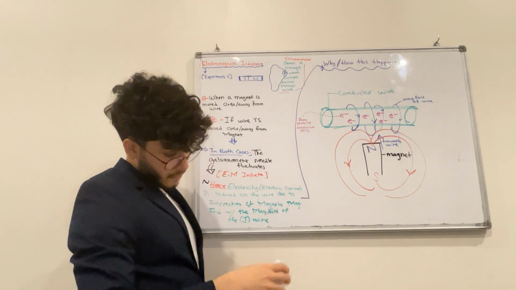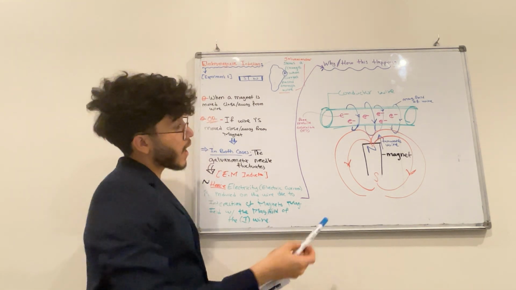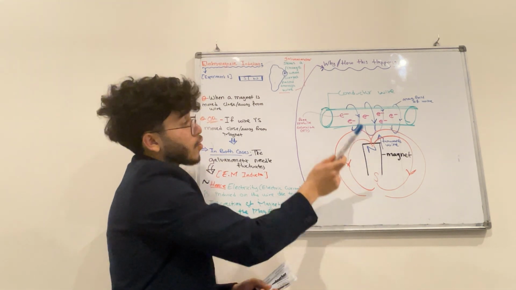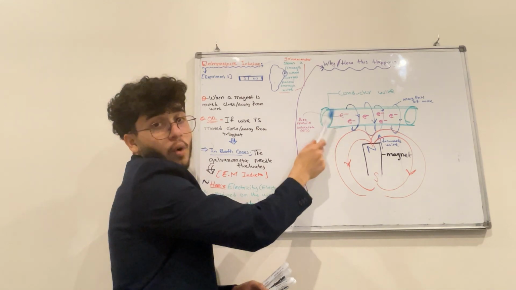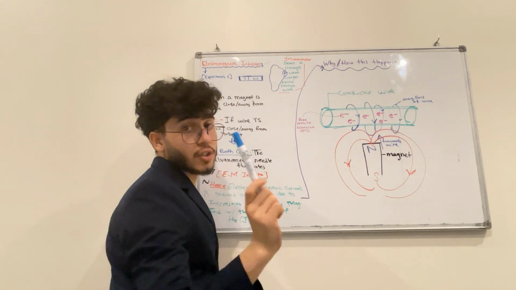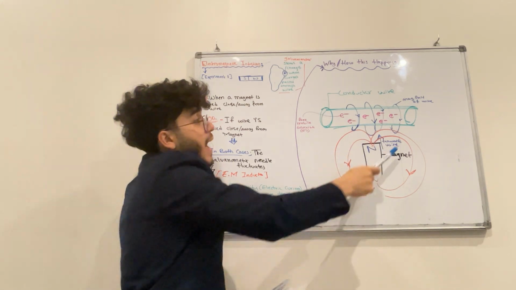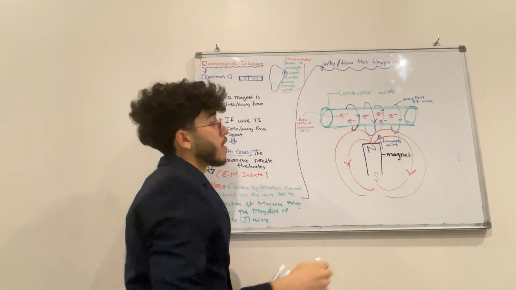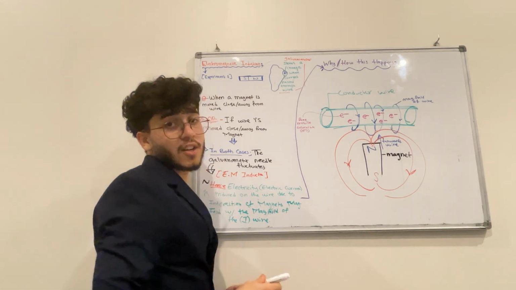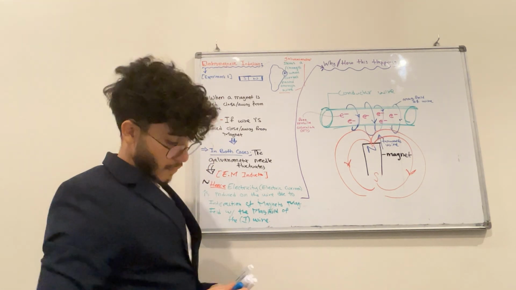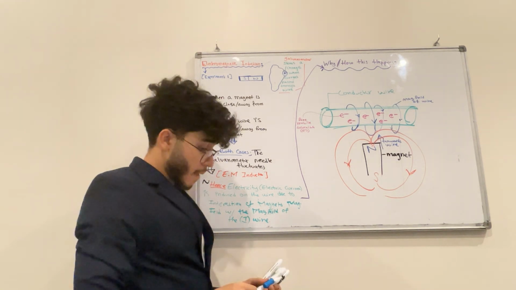As you can see, as I am bringing the magnet close to the conductor wire, there is interaction of the magnetic field of the magnet and the conductor wire. This is the interaction point, right here.